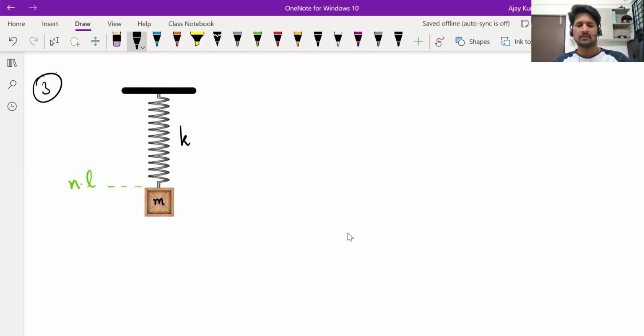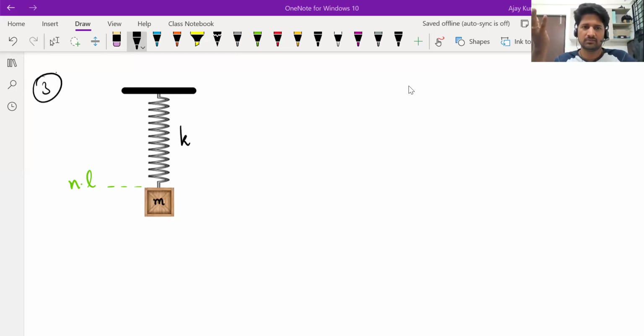Yes, sir. Okay, Rishi said yes. Pawan, what did you say? No, sir. Okay. Rishi, how do you justify your answer? How can you say it will be in equilibrium? Sir, because only the spring constant is acting on it. See, you have to tell the terms correctly.